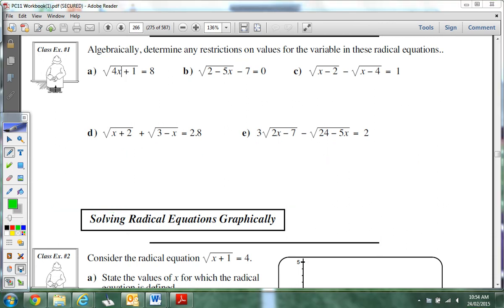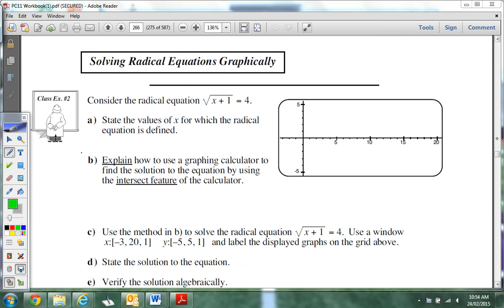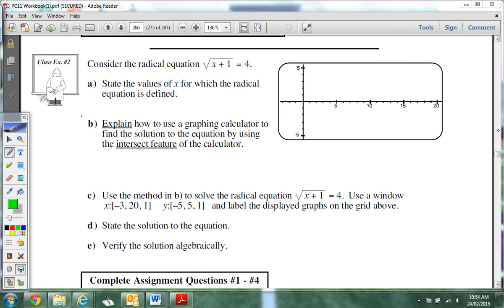All right, so what we're going to do is consider the following radical equation: root x plus 1 equals 4. Before we get started, we're going to state where this is defined. So real quickly, we're just doing what we just did.